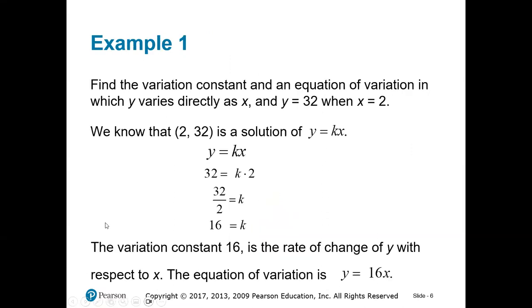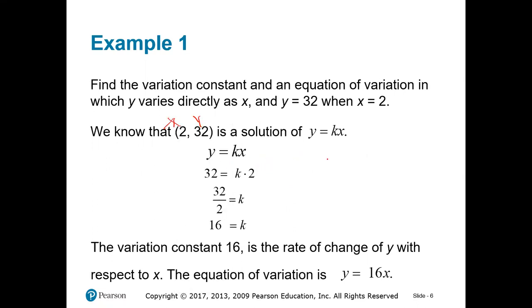Now, find the variation constant in an equation of variation in which y varies directly as x, and y equals 32 when x equals 2. So we get this ordered pair here, and we want to solve for the constant. We know the ordered pair, but we don't know the constant. And again, k represents the slope of the line that we're working with. So plug in 32 for y and 2 for x.